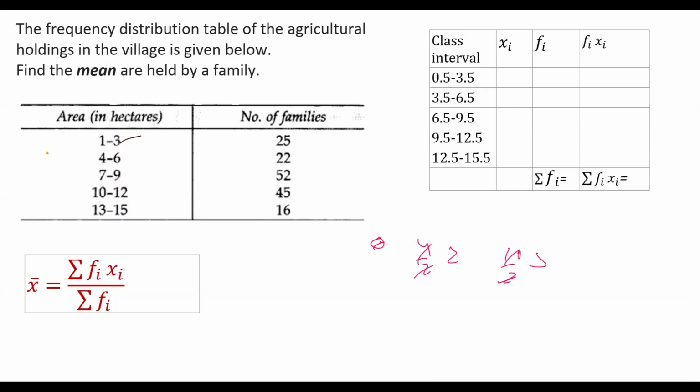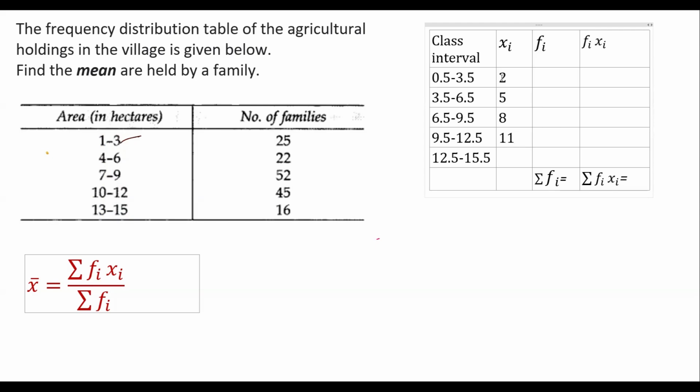Let me write down this table properly. We found 2, then 5. Next, 6.5 plus 9.5 is 16, divided by 2 is 8. 9.5 plus 12.5 is 22, divided by 2 is 11.